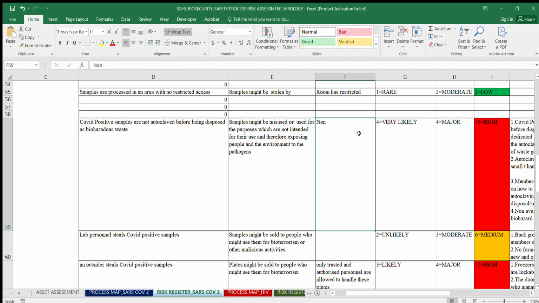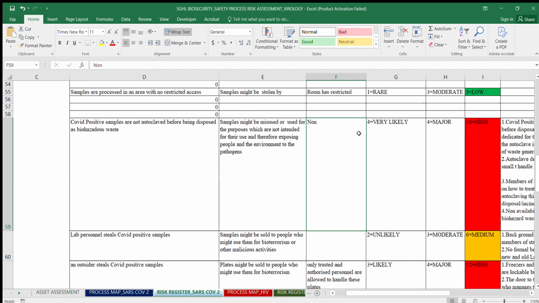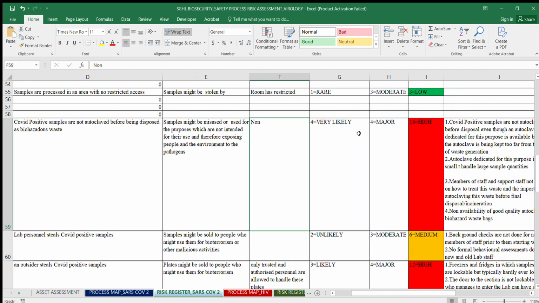So maybe at that particular point, you as a lab, you have not put up any control measures. What that means is that maybe you do not have an autoclave. So if you do not have an autoclave, most likely you will not autoclave your waste. You will just take it directly to the incinerator, or you take it to the storage area where they'll pick it up and take it to the incinerator.